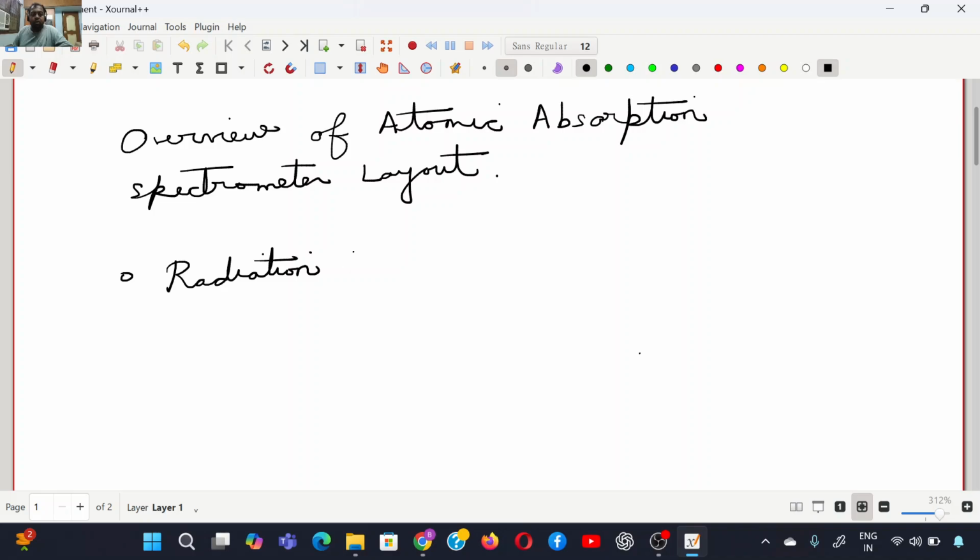So first, there is the radiation source, the hollow cathode lamp that we talked about in previous classes. It generates element-specific radiation, which corresponds to the resonance line of the analyte atom. Okay.